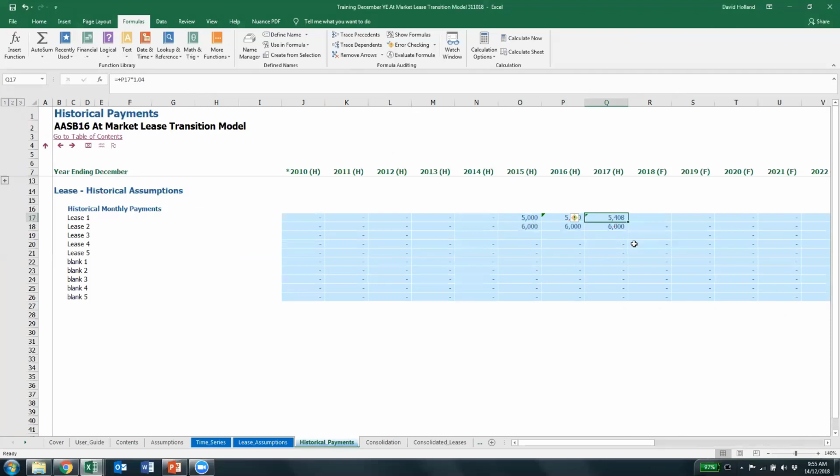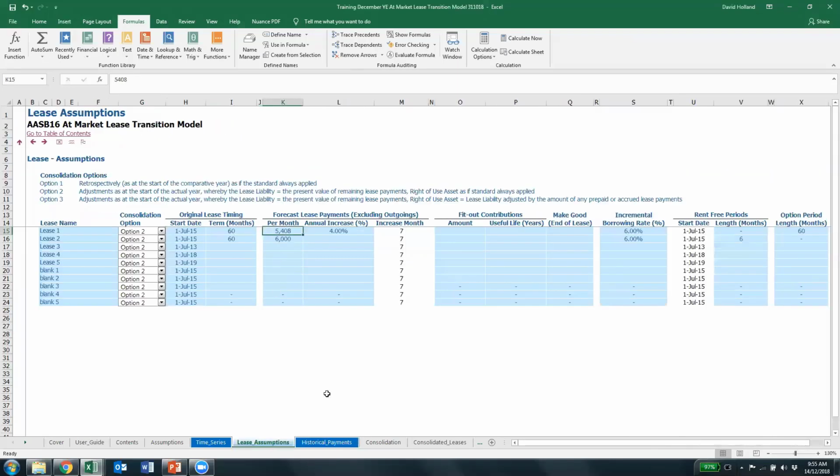What you might note here is that the December 17, 5,408, is the same as the January 18. Remember, it's in the lease assumptions tab, it's the first month following your last historical month. Now, the annual increases of 4% only occur in the 7th month of the year, being July.